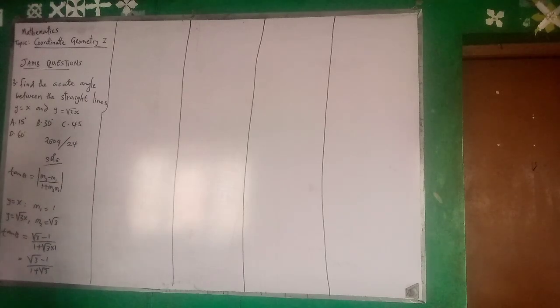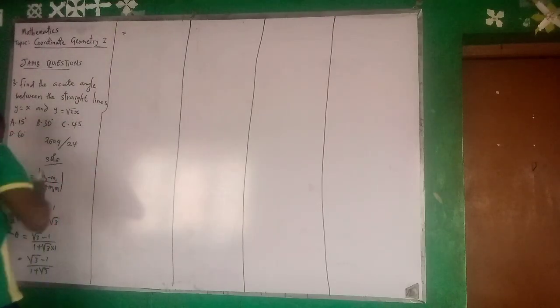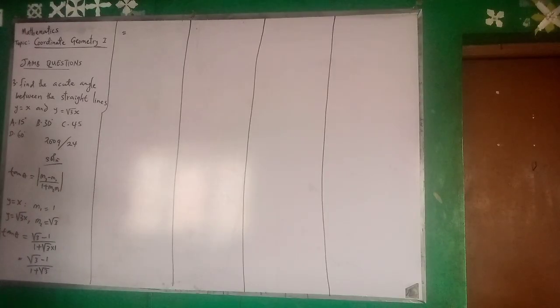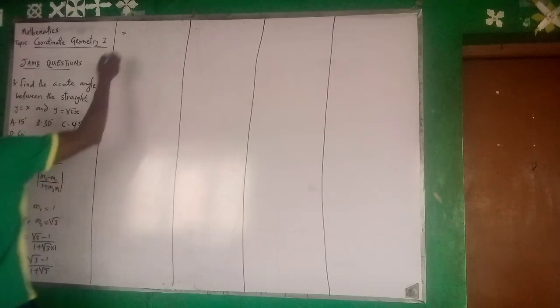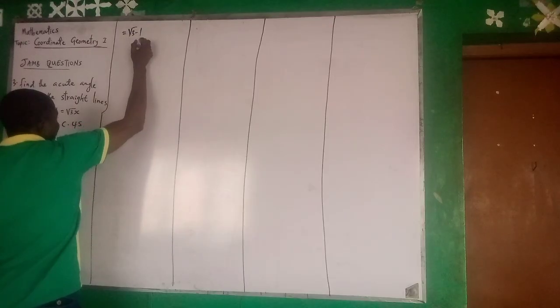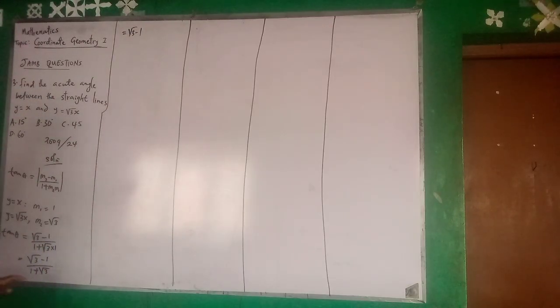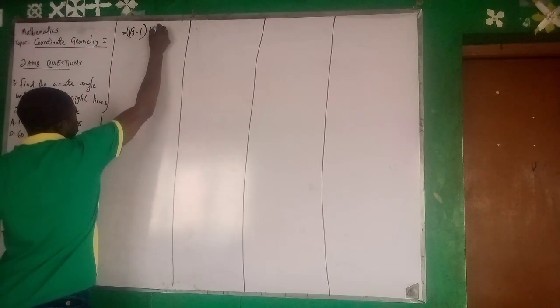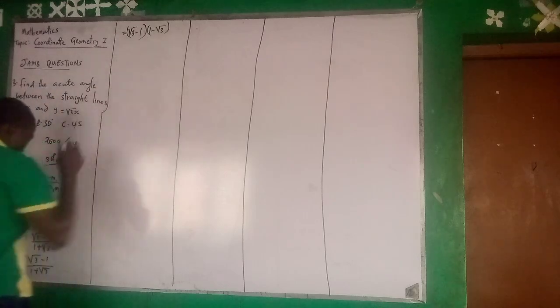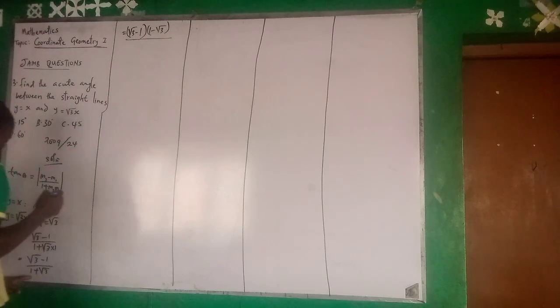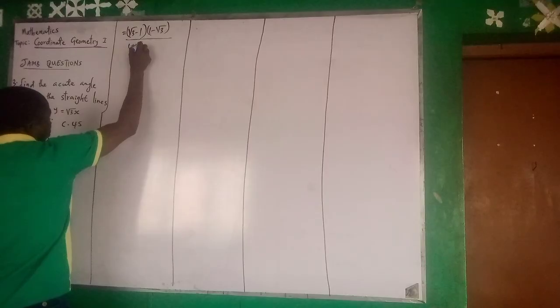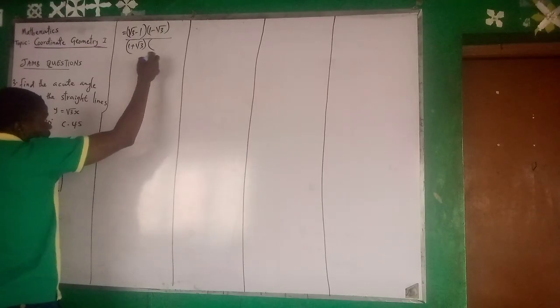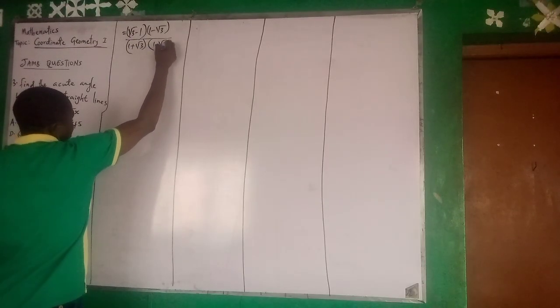Rationalizing is done using the conjugate of this denominator, and that should be: tan theta becomes equal to the numerator, root 3 minus 1, times the conjugate of the denominator, which is 1 minus root 3, divided by 1 plus root 3 times its conjugate 1 minus root 3.